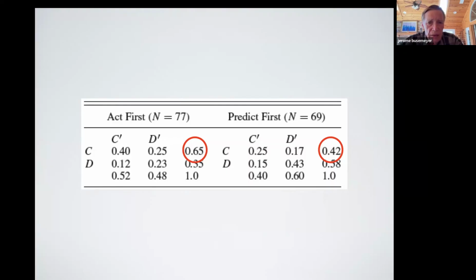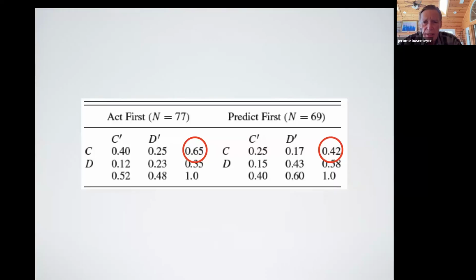So the context, in this case the order that the questions are asked, can greatly affect the results. We see that when they act first, in this left-hand table, the total probability that they cooperate is 0.65, pretty high. The majority of actions is to cooperate when they act first. But when they predict their opponent's move first, that's the right-hand table, the probability they cooperate drops down to 0.42.